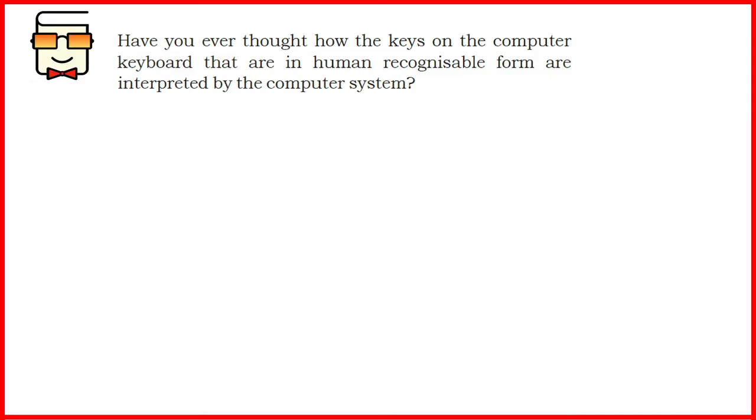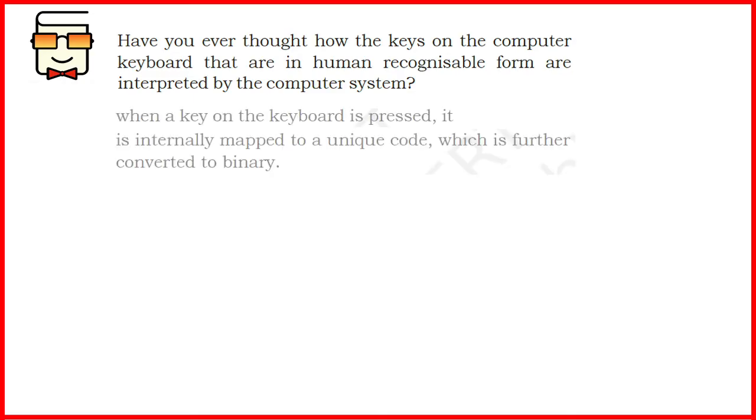So how does the computer know that when you are pressing the key, say H, you want the character H to be pressed? How does the computer actually understand that this key represents this particular character? So this happens with the help of certain codes.